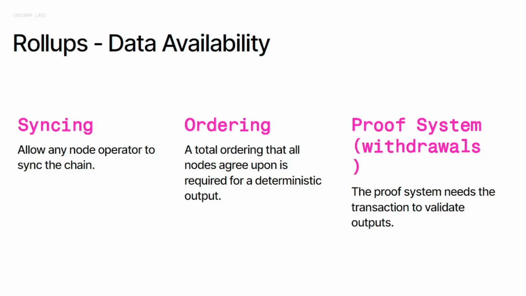Yes? Clarification on ordering. So you're saying the rollup inherits the ordering from Ethereum. Yes. But Ethereum gives it a block level ordering, but within a block it's up to the rollup to decide how to order, right? Yes. Rollups mostly order the transactions in the rollup block, but when you have multiple competing rollup blocks, you then rely on Ethereum's ordering to figure out who wins.